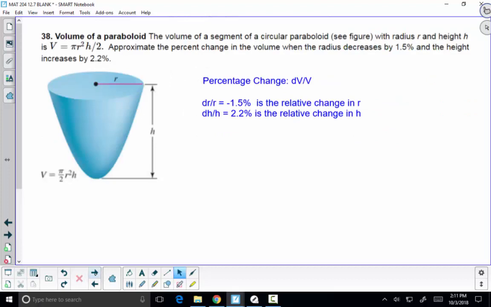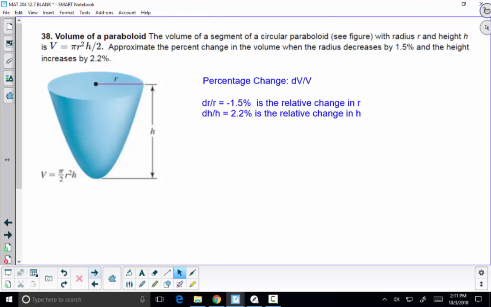At all. Okay, so percent change. We have the volume of a segment of a circular paraboloid with radius r and height h. They've given us the volume of part of a paraboloid, and we want to tweak the radius and the height and figure out how those tweakings affect the volume. So we're changing the radius and the height by a little bit.